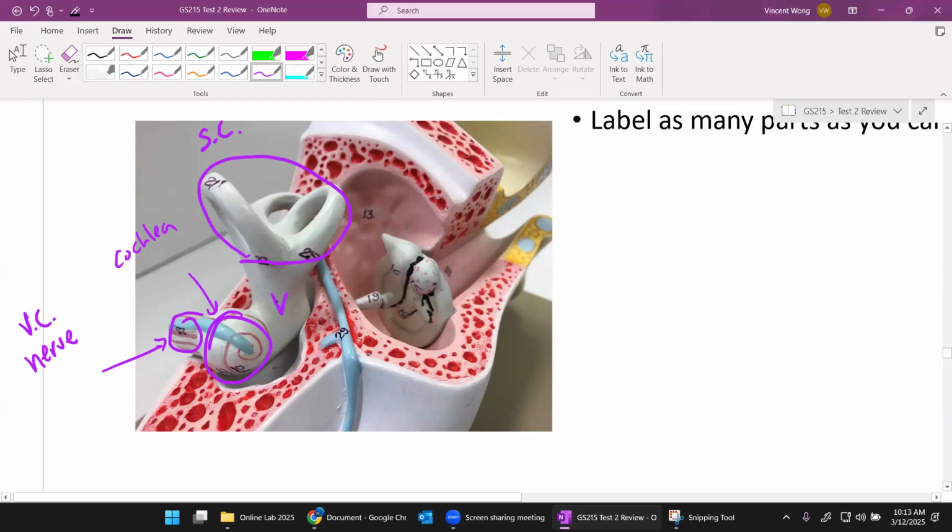This is the vestibule. And again, the vestibule is going to detect vertical drops, for example. That's the function of the saccule. And then for horizontal movement, that's the function of the utricle.